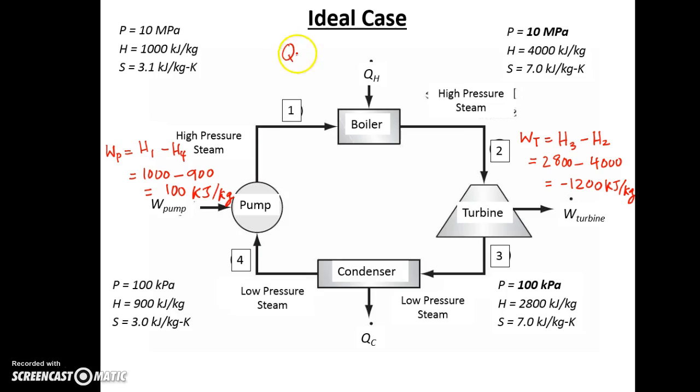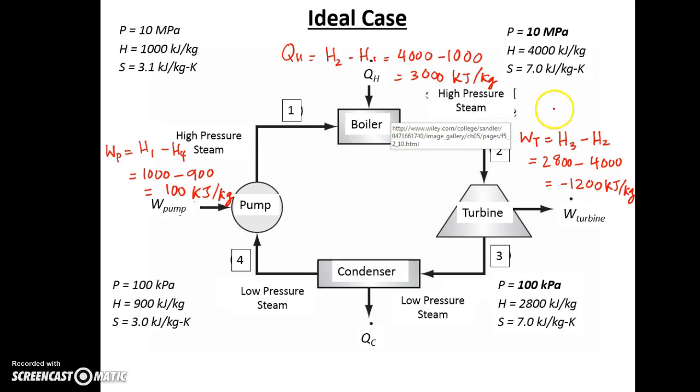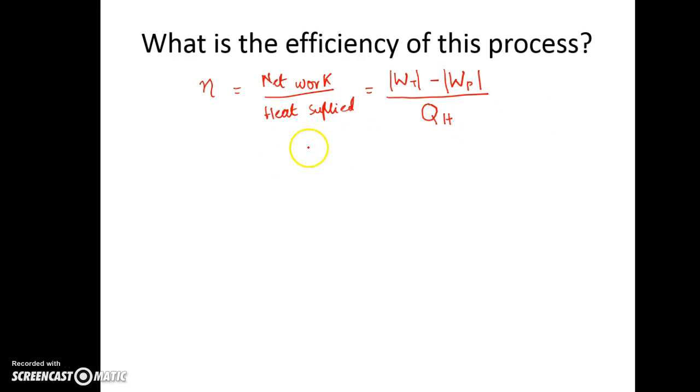Our QH is equal to H2 minus H1. H2 is 4000. H1 is 1000. That is 3000 kilojoules per kilogram. Now we have all three values that we needed to compute to calculate our efficiency. So we'll go back to our equation and substitute in these values.